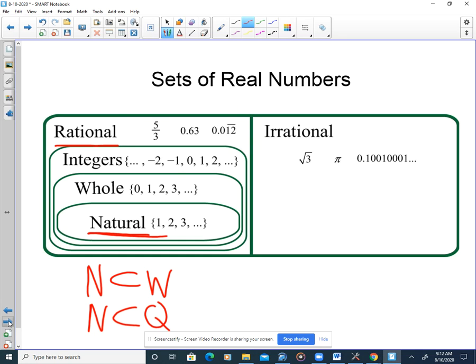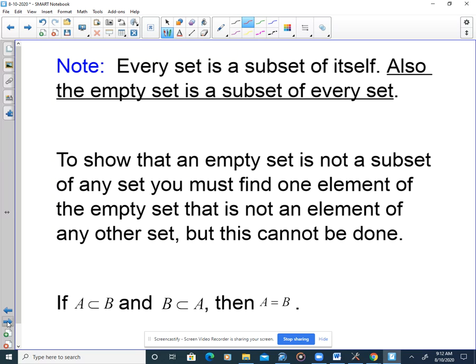And again, the symbol for rational is a Q. What's not true is this. The integers, and the symbol for integers, again, is Z, is not a subset of the whole numbers. If you look at that, is everything in the integers also in the whole numbers? No.